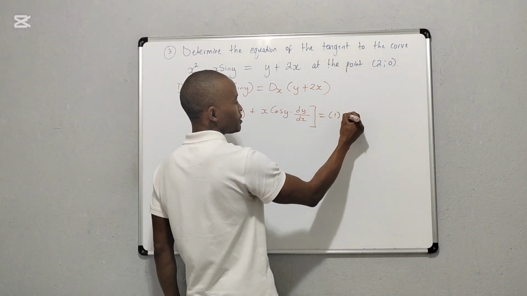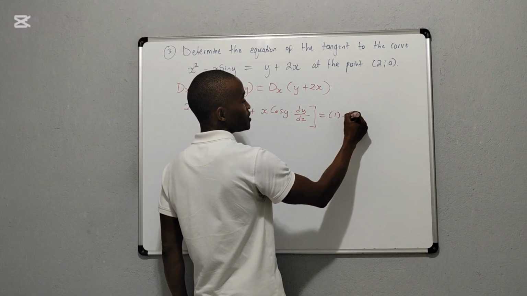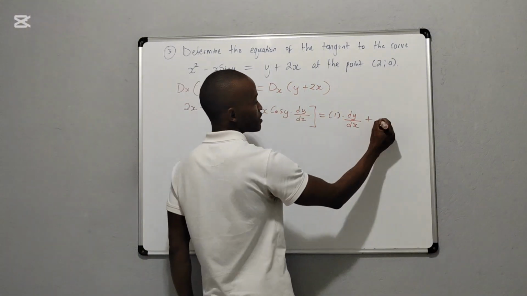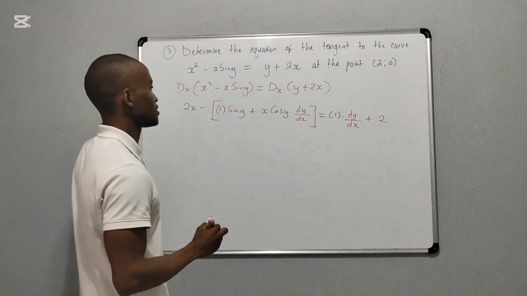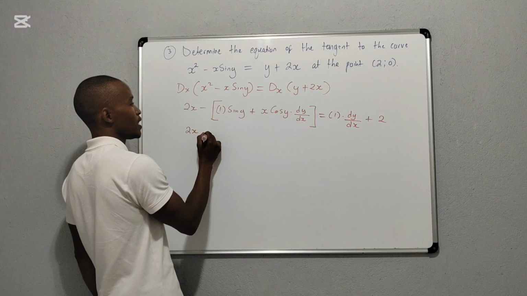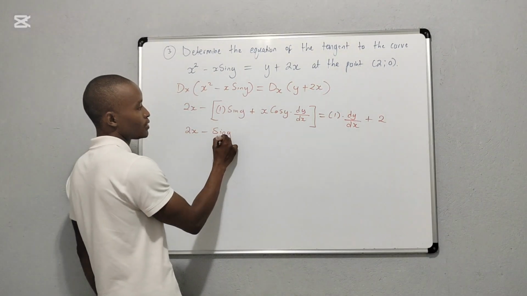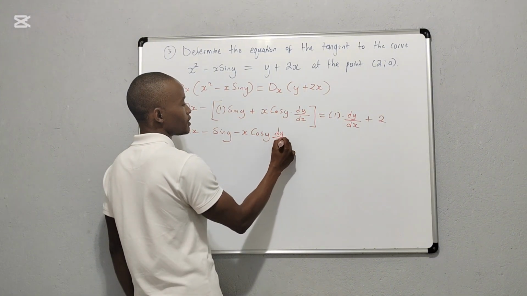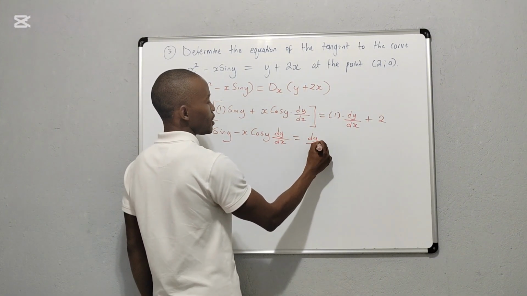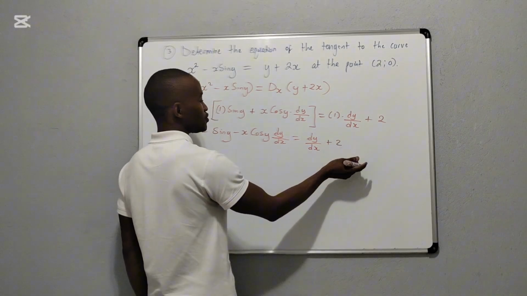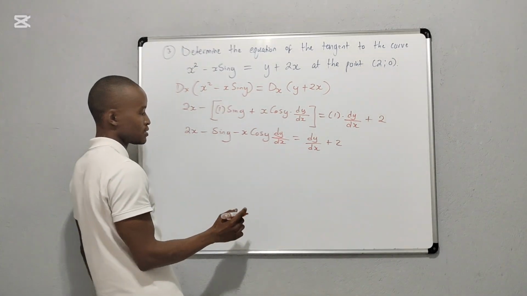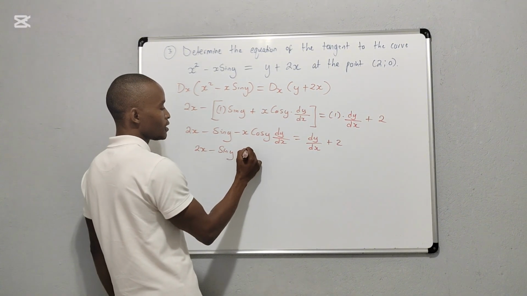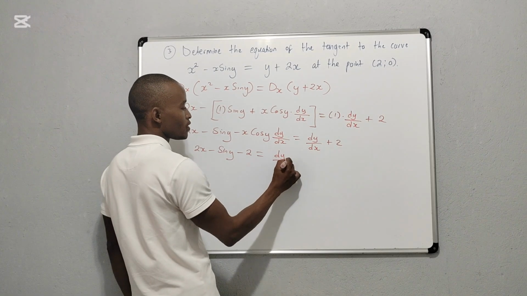This gives us 1 times dy over dx plus the derivative of 2x with respect to x, which will just be 2. Let us carefully clean up here. This is 2x minus sine y minus x cos y dy over dx is equal to dy over dx plus 2. Transpose the 2 and take this guy to the right hand side. We have 2x minus sine y minus 2 is equal to dy over dx.